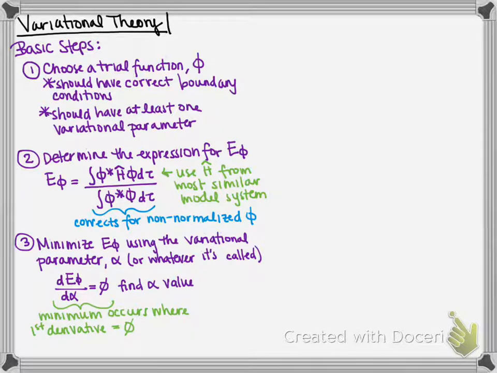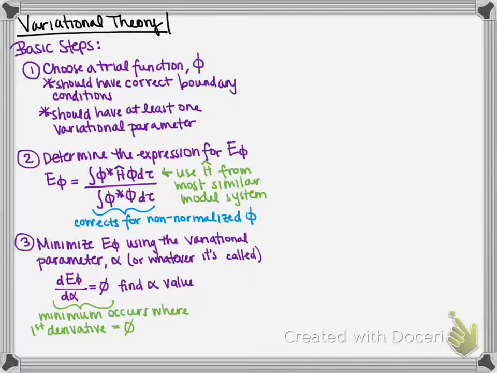So we're going to assume that the minimum always occurs when the first derivative of the energy of phi with respect to its variational parameter equals 0. This could be with respect to many variational parameters, but then we have to get into partial derivatives. We'll let WebMO do that. We will not be doing that by hand.